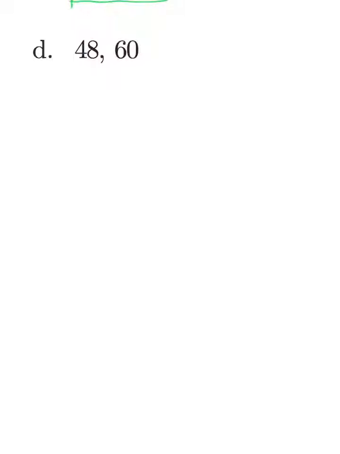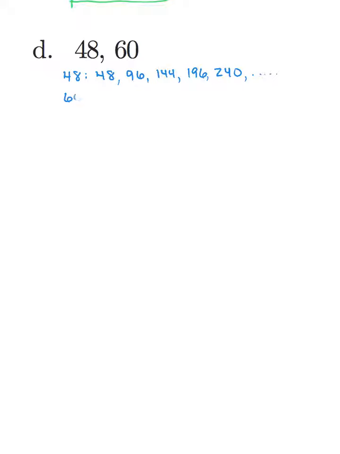So let's work with 48 first. 48 times 1 is 48. 48 times 2 is 96. 48 times 3 is 144. 48 times 4 is 192, and 48 times 5 is 240.